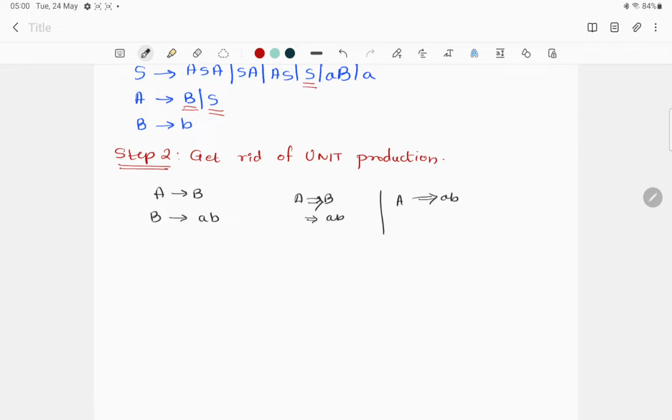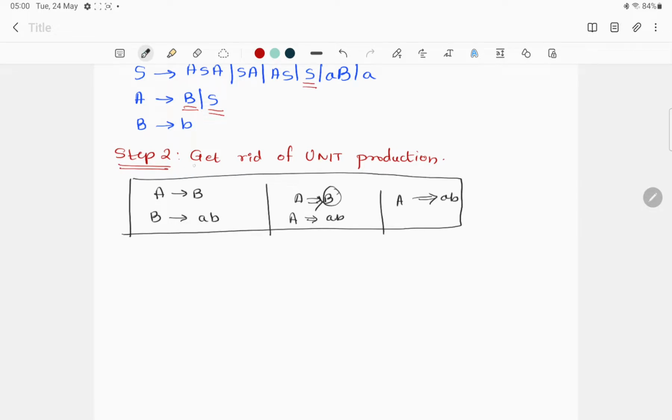So what I'm doing is simply removing this dependency on B. Instead of having A giving B, I will directly have the rule A giving small ab, and this is what I'm doing in this case. So let's try to do the same in the grammar.